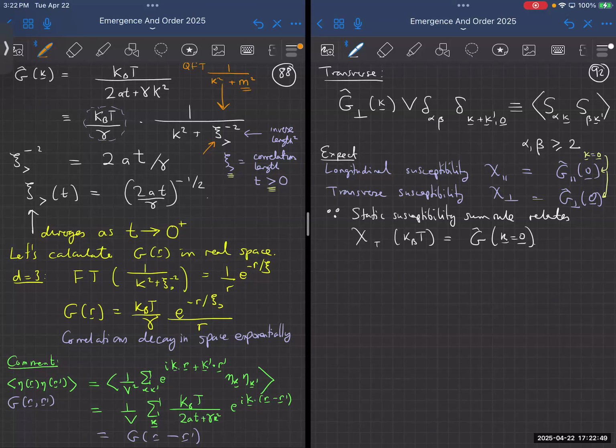In terms of the propagator in quantum field theory, that means that the mass is equal to 0. So this phenomenon that I'm telling you about is the analog of how you can get massless bosons in a quantum field theory. And we're about to see that in the next lecture.